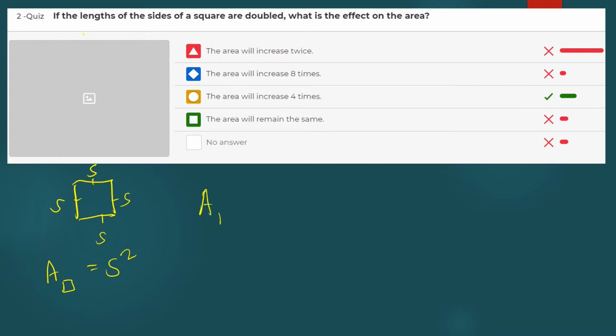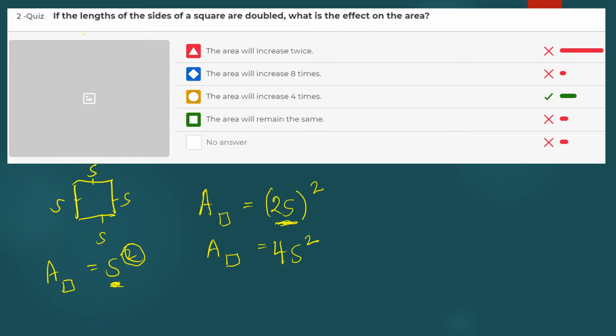So, the area of the square is equal to, since the length of the side is doubled, instead of s, it becomes 2s. Right? 2s because we double the length of the side. And of course, this is the side, we just substituted 2s for s because the length of the side is doubled. And then, we're going to square. So, if we solve for this one, quantity 2s squared will be 4s squared.